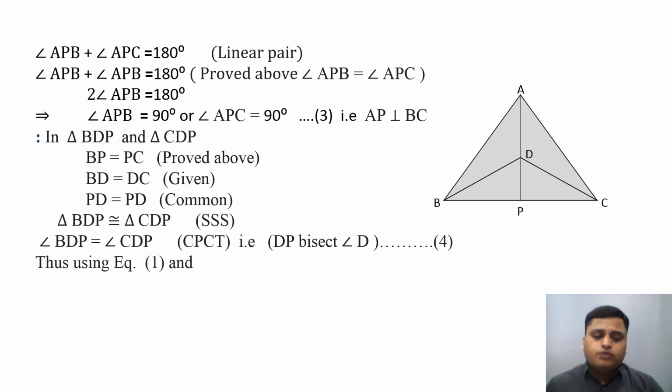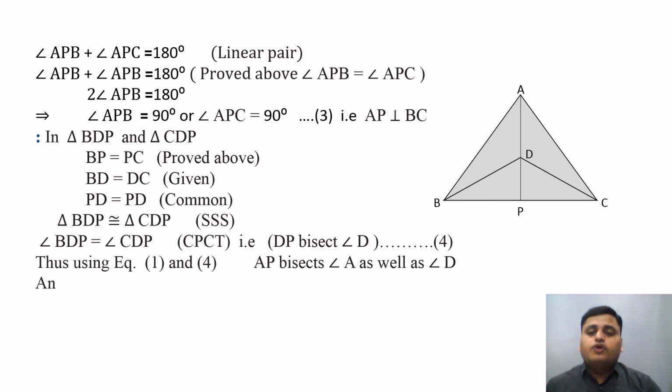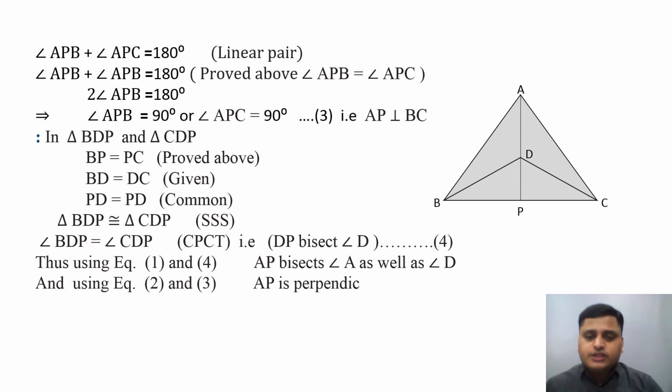From equation 1 and equation 4, we can say that AP bisects angle A as well as angle D. And from equation 2 and equation 3, we can say that AP is the perpendicular bisector of BC, because in equation 3 we made this 90 degrees, and in equation 2 BP is equal to PC. Okay, so till this it is clear.